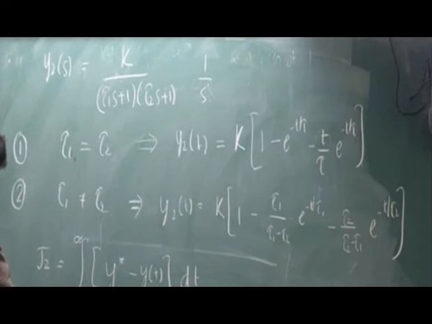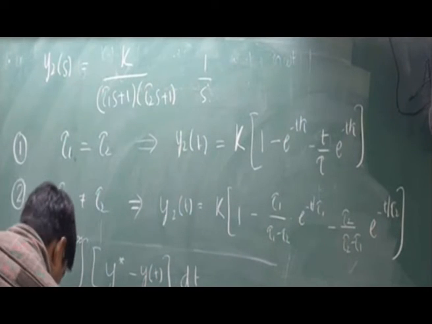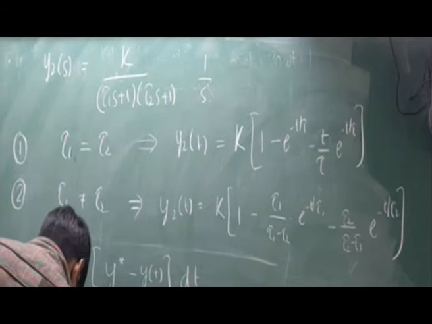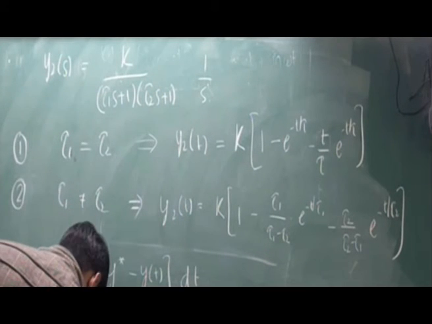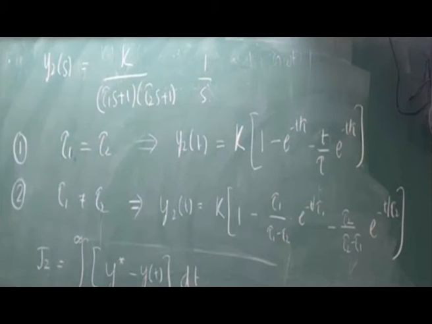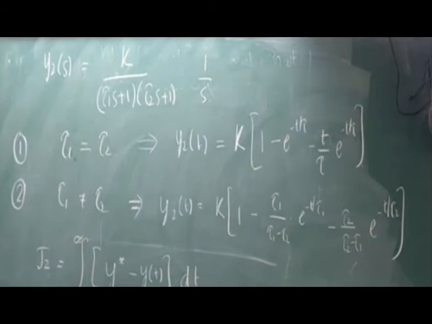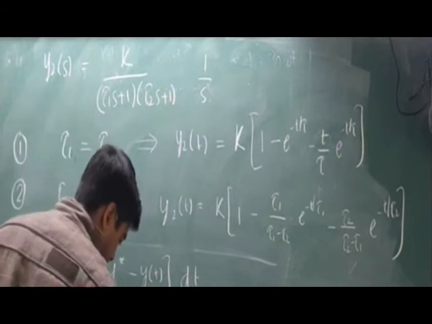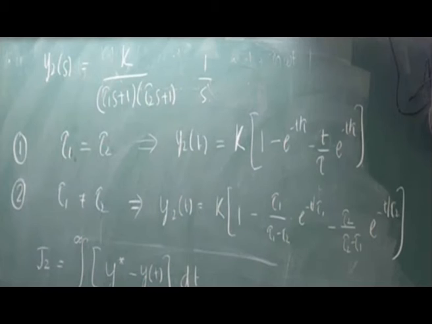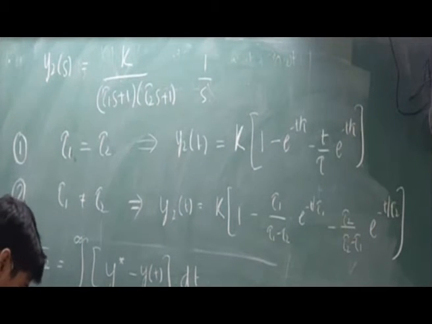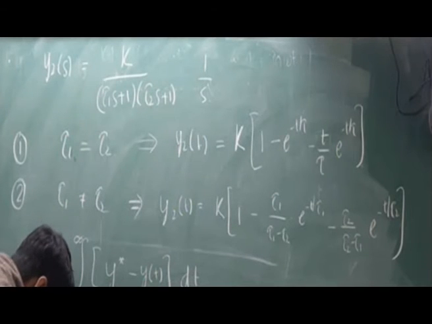So if I compute this integral, the final output would be tau 1 plus tau 2, and I denote this by J2, the inherent reluctance for the second order system. If you recall from the last session, J1, the inherent reluctance for the first order system, was given by k tau.